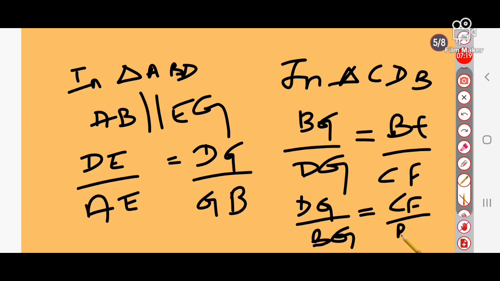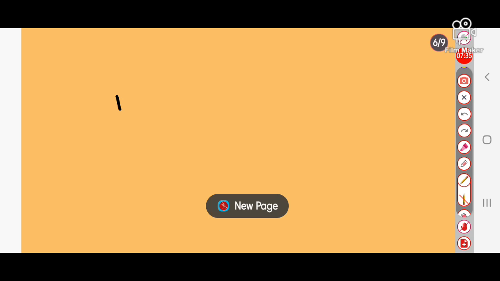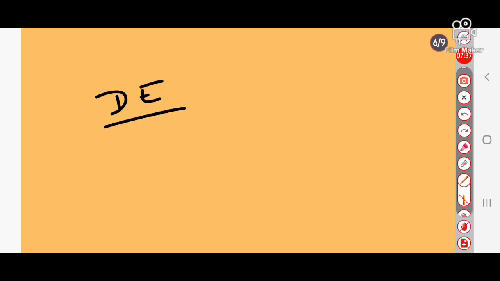Everything is the same, right? We are inversing both sides, so there is nothing wrong in that. So here DG by BG, here too again DG by BG. Therefore, with that we can come to the conclusion that DE by AE is equal to CF by BF.